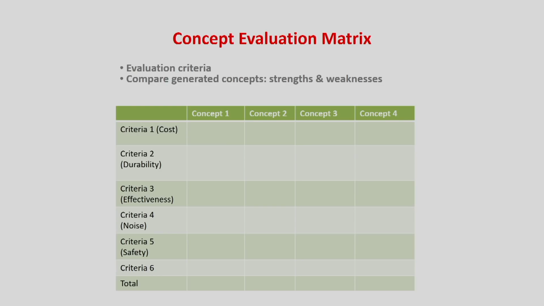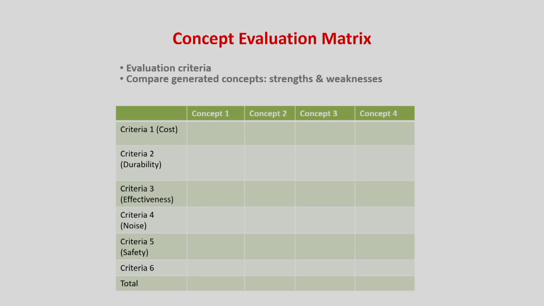The concept evaluation matrix provides us with that platform, that tool through which we can evaluate our concepts and select the final concept. So, it is an evaluation criteria, and what we do is we compare the generated concepts in terms of their strengths and weaknesses.